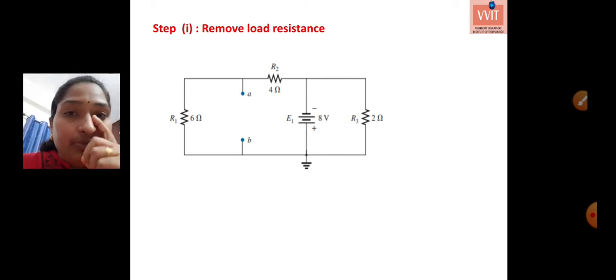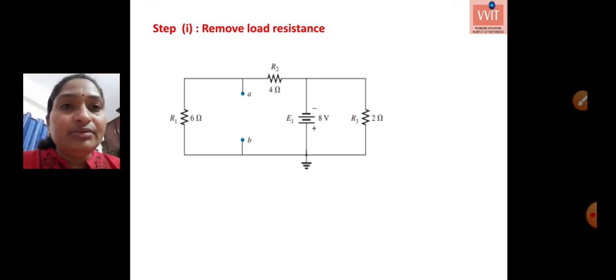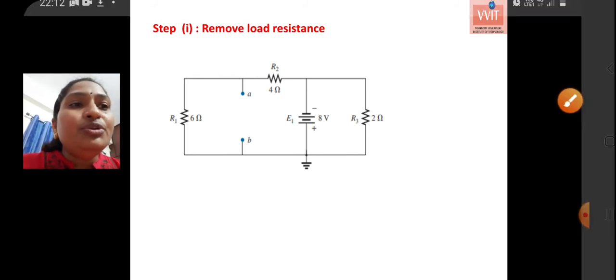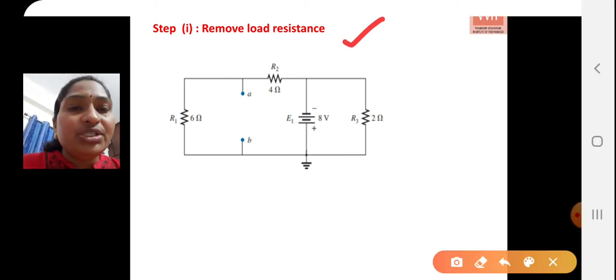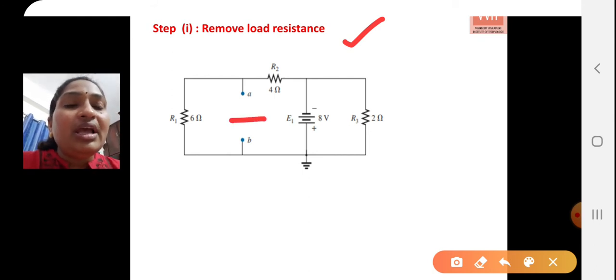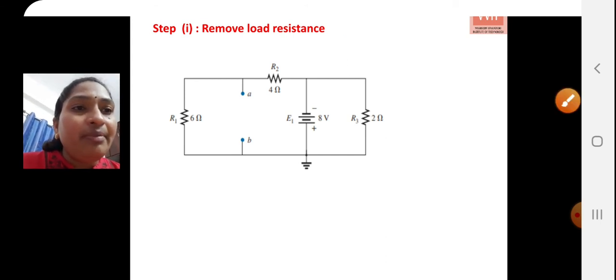While applying Thevenin's theorem to this network, the first step is to remove the load resistance branch. Here this is our load resistance branch. I have removed this load resistance branch, and those terminals are noted as A and B, keeping all the other branches the same.